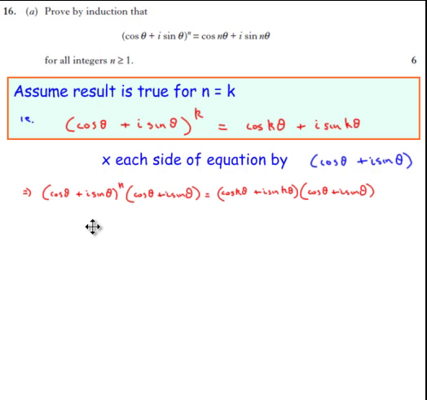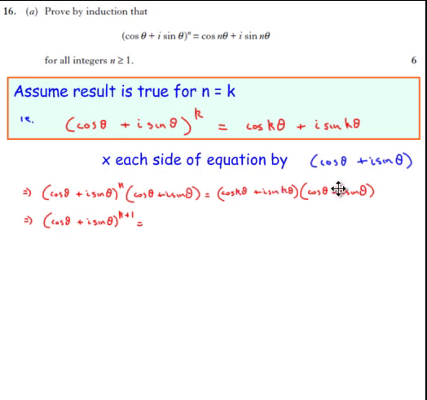The left hand side is then (cos theta plus i sin theta) to the power k times (cos theta plus i sin theta) to the power 1. We add the indices. So the left hand side is just what we want it to be, (cos theta plus i sin theta) to the power k plus 1.